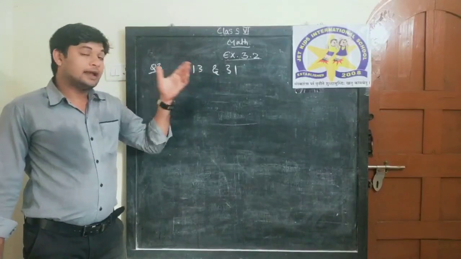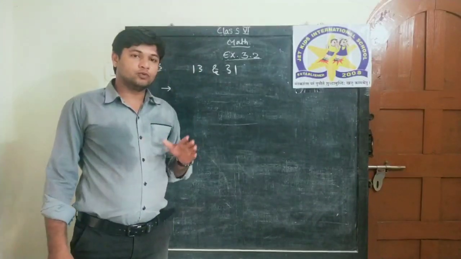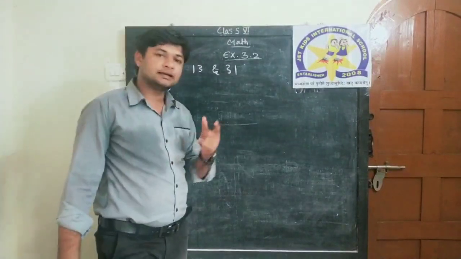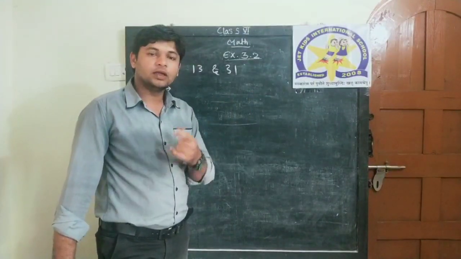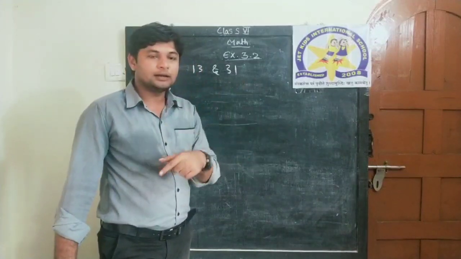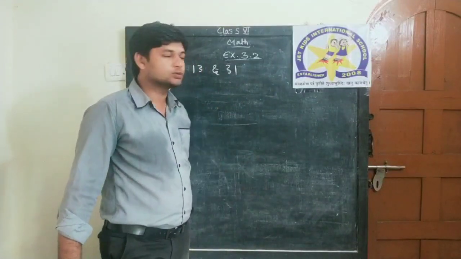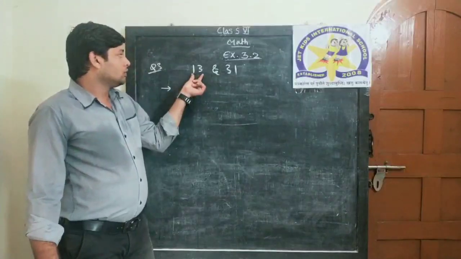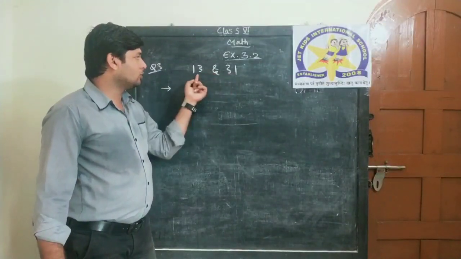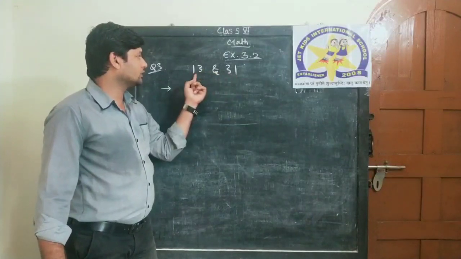Now, that table will help you, which I asked you to make in the previous video, 1 to 100. What you have to do is write the numbers 1 to 100 and just circle the prime numbers. Here two digits are common, the same 1 and 3.